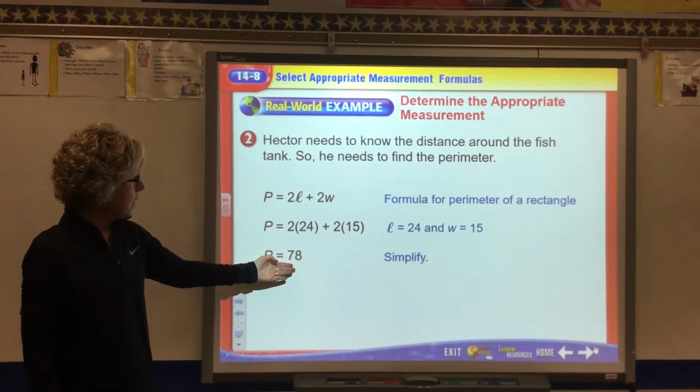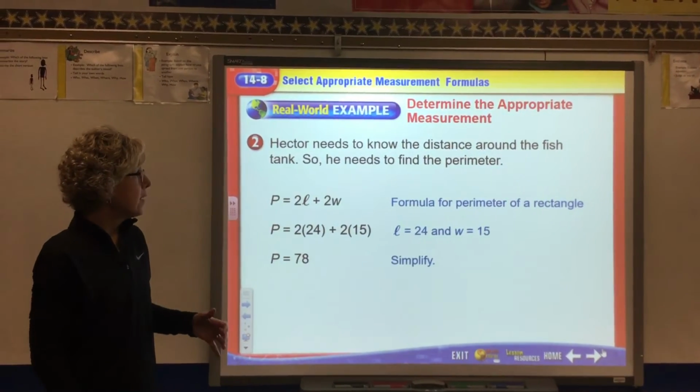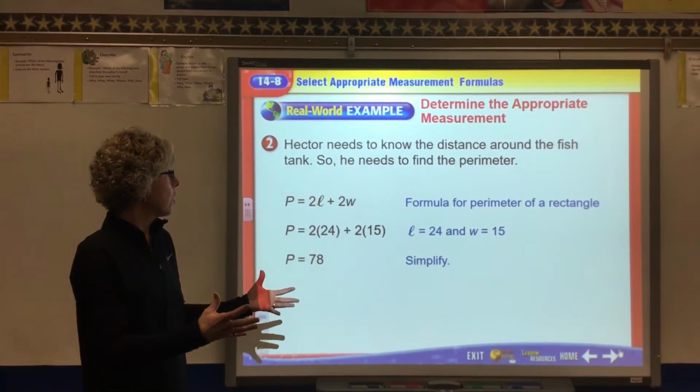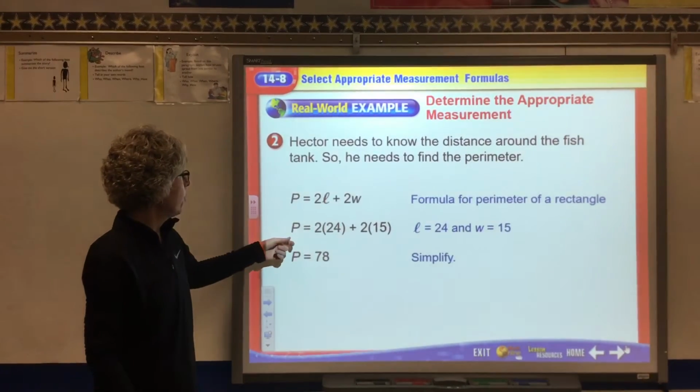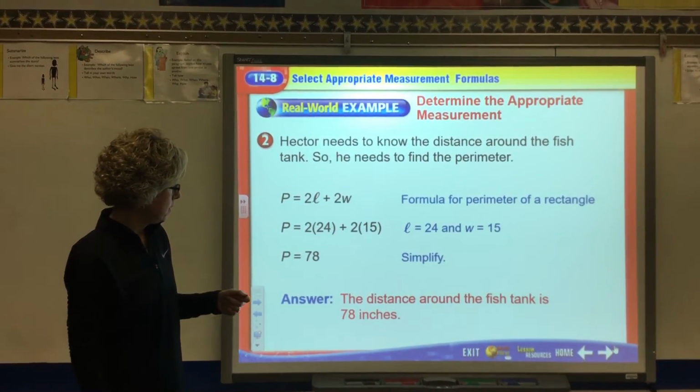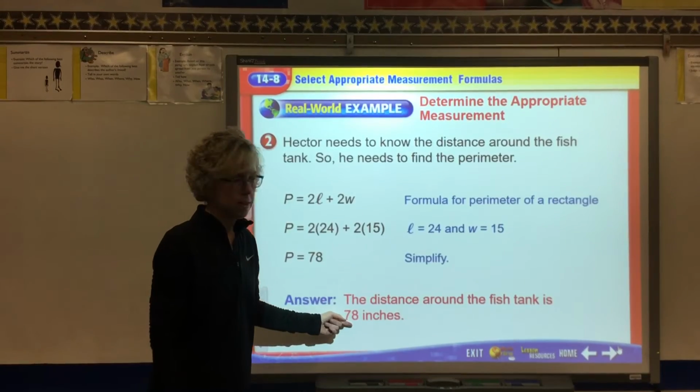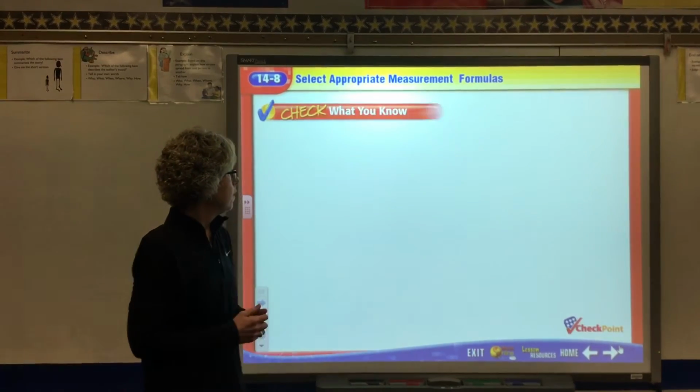When you add that all together, you get 78, and we're finding perimeter, so it's just our unit of measure. I can't remember if that was inches. It was inches. So 78 inches, just inches.